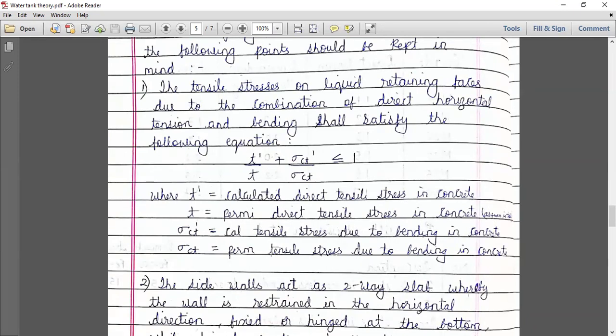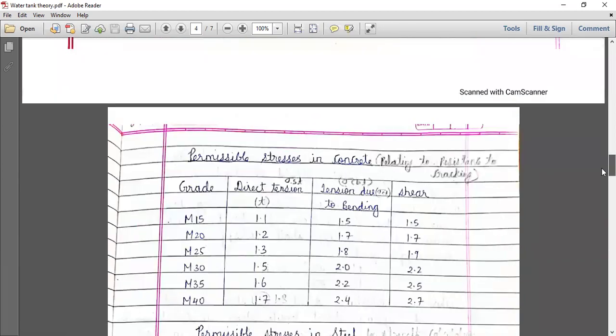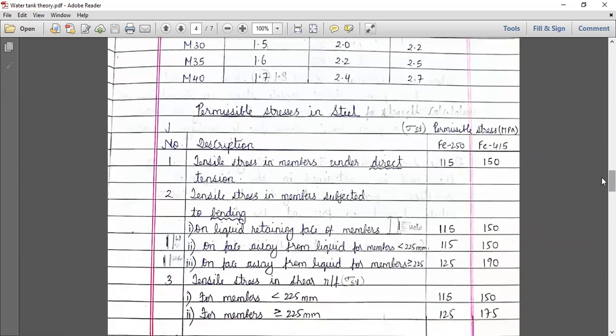And sigma Ct dash is the calculated tensile stress due to bending in concrete, and sigma Ct is the permissible tensile stress due to bending in concrete. So this equation should be satisfied. We will see this when we solve the numerical. These values are given in the table. Here you can see sigma Ct is the permissible value, and this is the value of T dash.